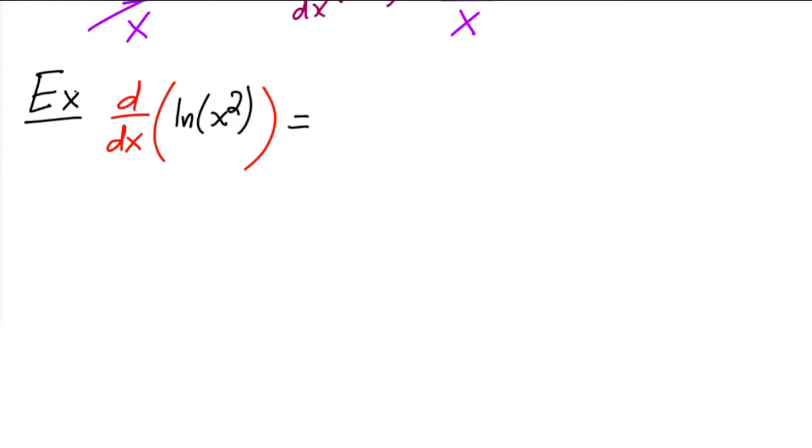I've got this, which I'll call the inside, and the outside function is the natural log function. So I get the derivative of the outside, which is simply 1 over x, but since I have x squared here, by the chain rule I leave the inside alone, and then times the derivative of the inside, which is simply 2x. And notice that this simplifies into 2 over x.